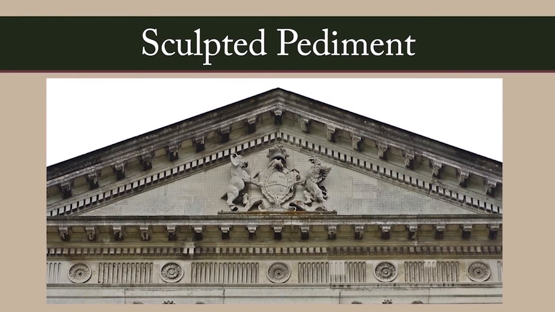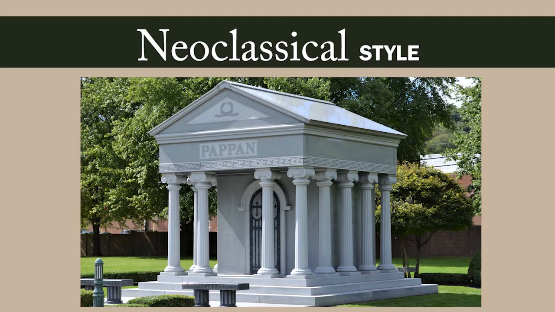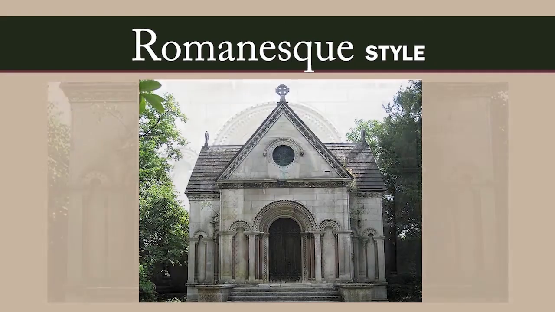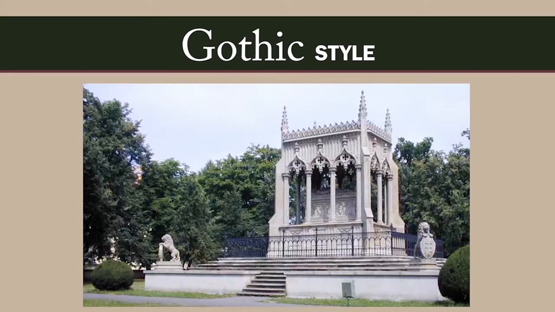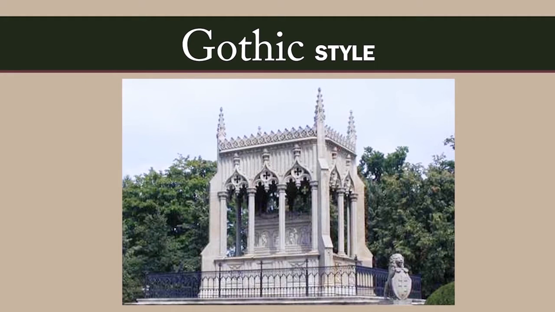Mausoleums come in every shape and size, and it is up to each family to decide exactly what theirs will look like. Classical-style mausoleums have perfect proportions. Neoclassical-style mausoleums borrow elements from classical architecture. Semicircular arches are features of Romanesque mausoleums. Gothic architecture is distinguished by soaring towers.